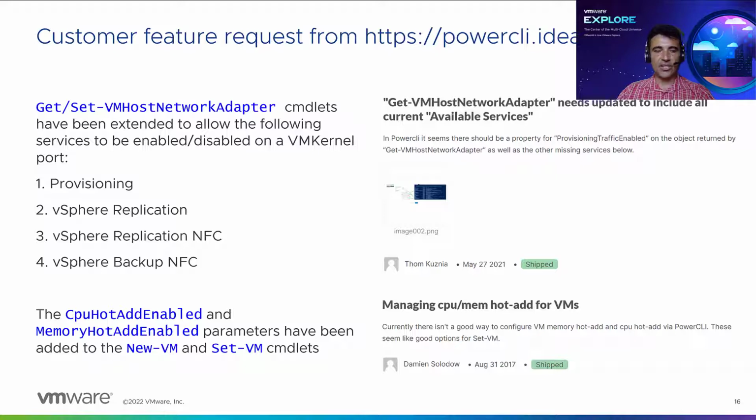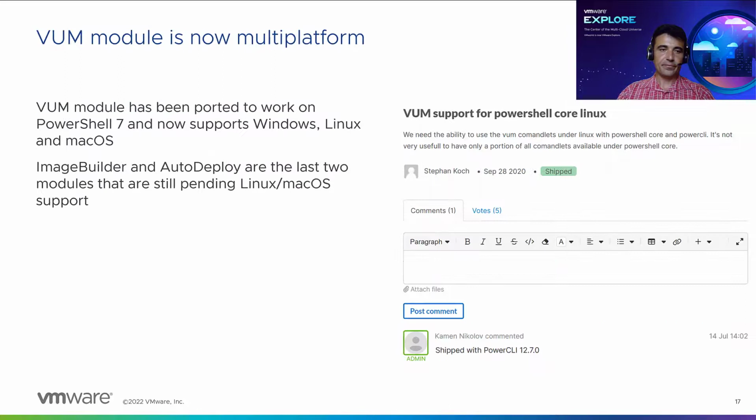Another change that we have done is that we changed the New-VM and Set-VM commandlets to enable CPU and memory hot-add. And one also much requested feature was to add Linux support for the VUM module.